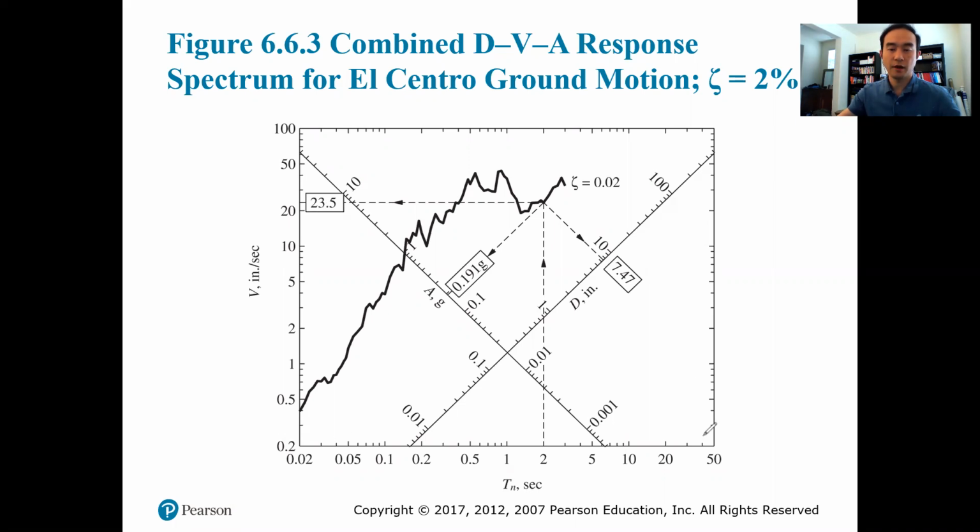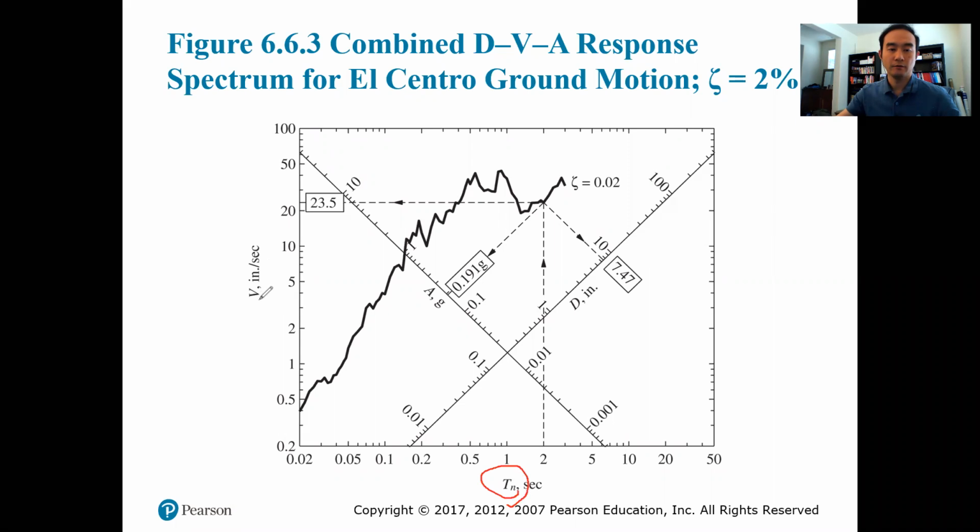I said the combined version. The x-axis is the natural frequency and natural period Tn, and the vertical axis is v, which is the spectral velocity. And there are two other axes here on the diagonal side. This is spectral acceleration and spectral deformation.